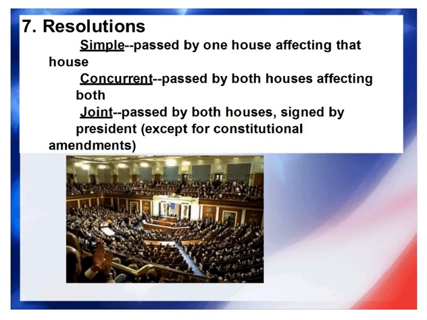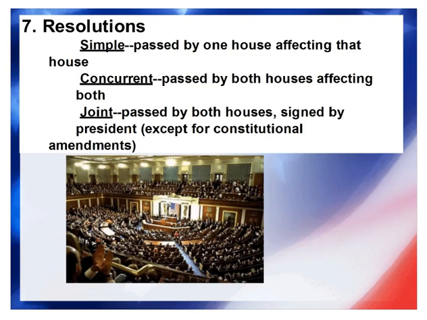A concurrent resolution will be one that is passed by both houses. That's more a memorial, maybe a concurrent resolution honoring the life of Senator John McCain, or a concurrent resolution making September 11th a day of remembrance for the victims of 9/11. That's a concurrent resolution.